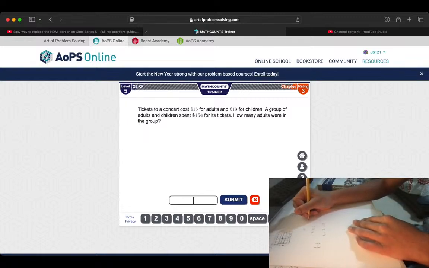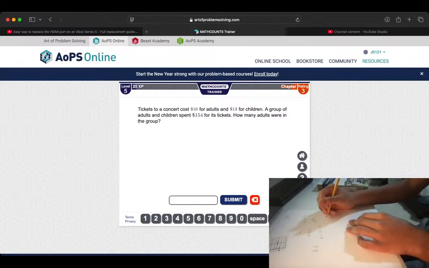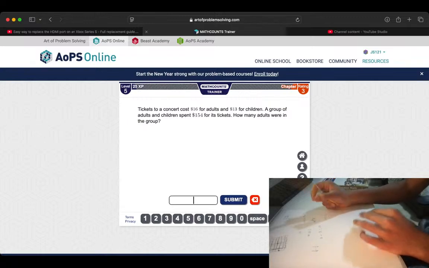So we can do 16x plus 13x, which is 29x, and then we just have to do 29, 9, 8, 7, 6, 5, 4. Okay, so it's just equal to 6. Now we just do 6 times 16, which is equivalent to 96.